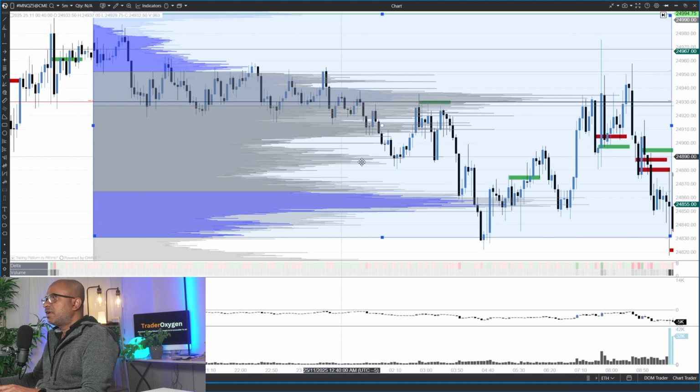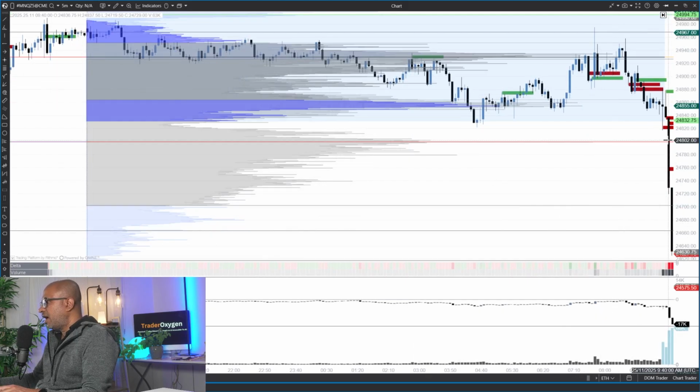The reason for drawing the volume profile is so that we can figure out the value area high of this range, the value area low and the point of control. At 9:40, the price strongly made a push down, a strong displacement.